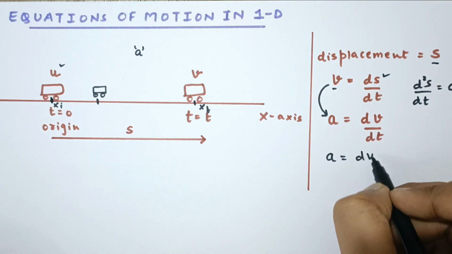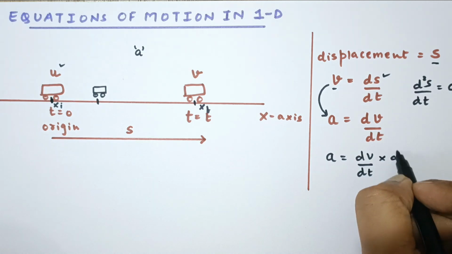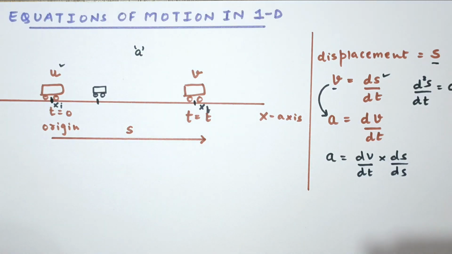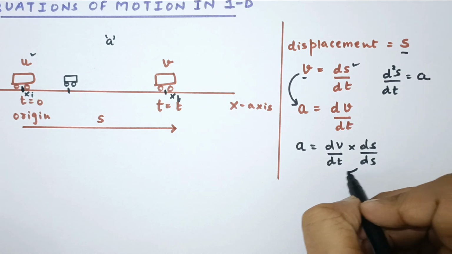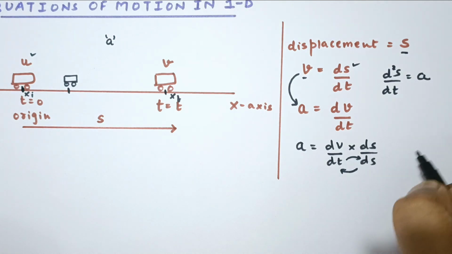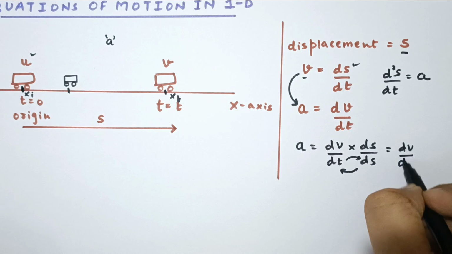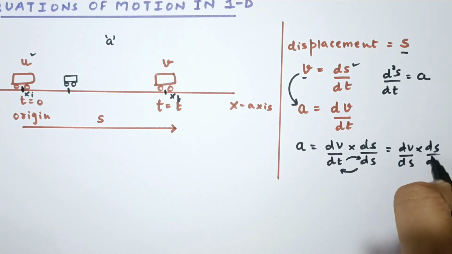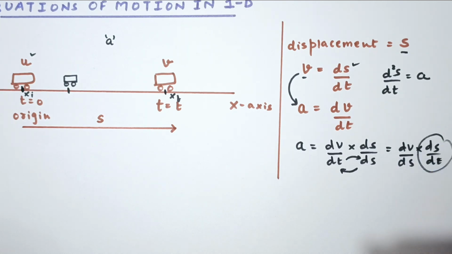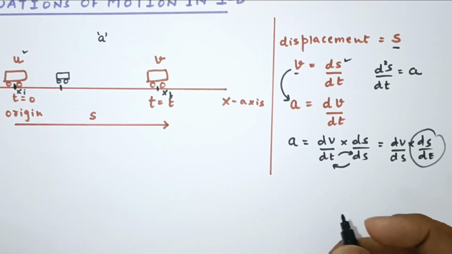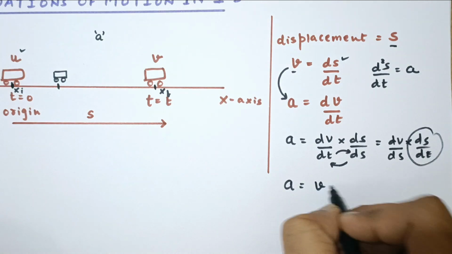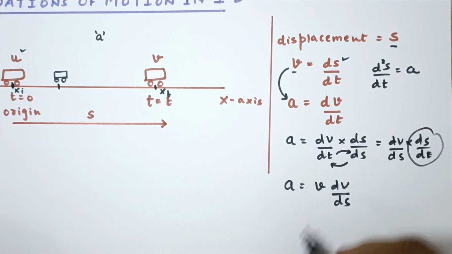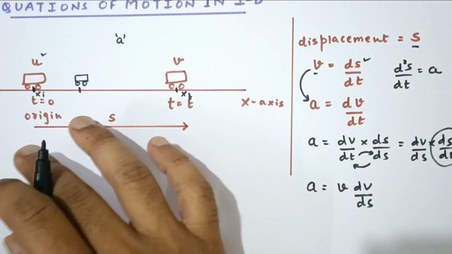This can be written as dv by dt multiplied by ds by ds, since ds and ds will again become 1. Rearranging the terms, this becomes dv by ds and this becomes ds by dt. So this ds by dt is nothing but the velocity. So we can also write acceleration as v dv by ds. So this is the start and this is the situation.